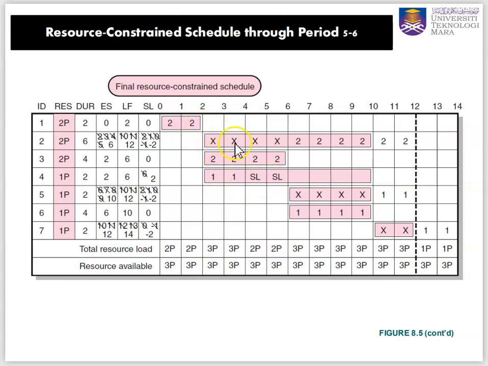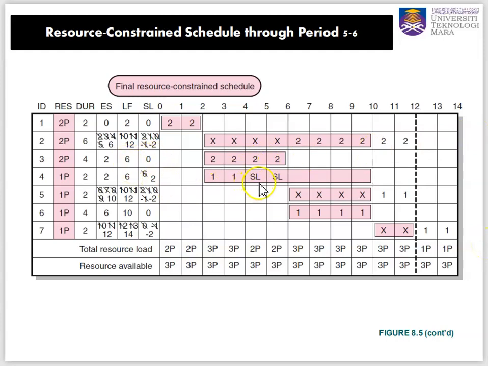But the critical path is also different now. Number 1, number 2, number 3, number 5, 6, 7 have become the critical events, the critical path. They cannot be delayed by 1 day. If they're delayed 1 day, the end date of the project will be delayed more than 14 days.